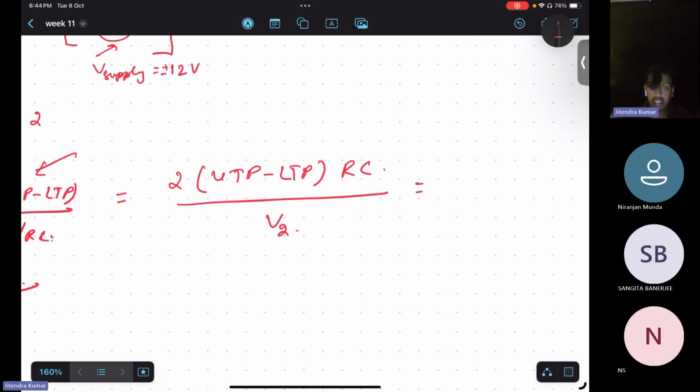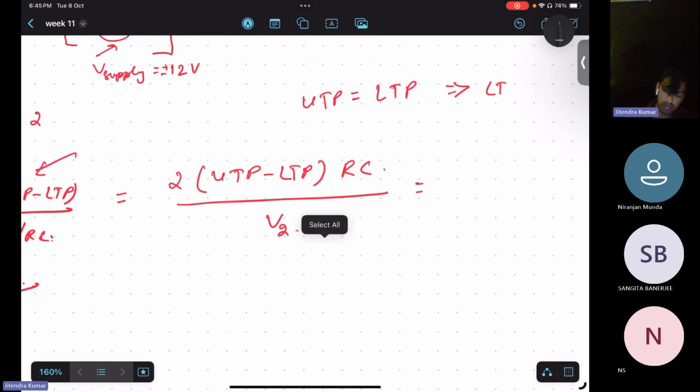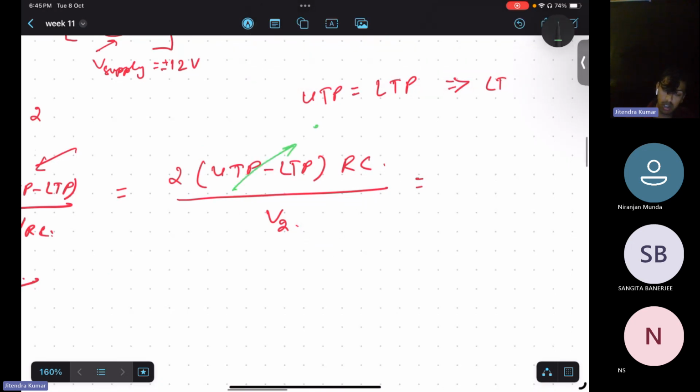Now we know the relationship between UTP and LTP. UTP is equal to LTP in magnitude, so UTP minus LTP becomes 2 times UTP.